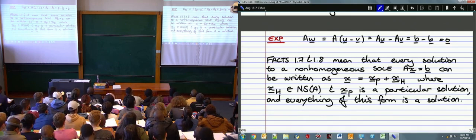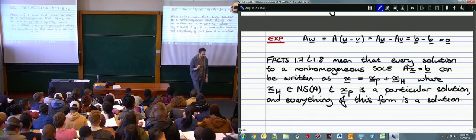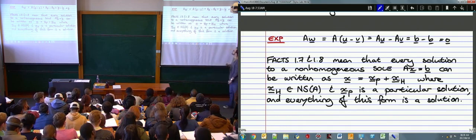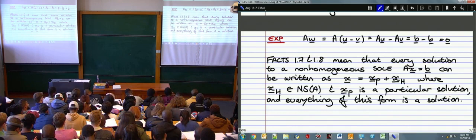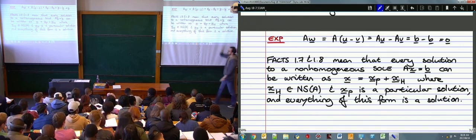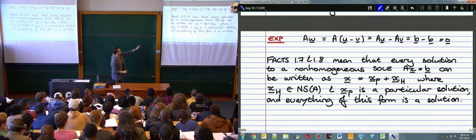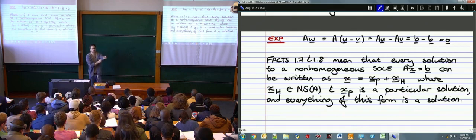And XH is something from the null space of A, so it solves the homogeneous system of linear equations. And further, everything that you write down in the form X is equal to XP plus XH is a solution. You're not accidentally going to write down something that isn't a solution by taking a particular solution and adding a solution to the homogeneous system, the null space of A, right?